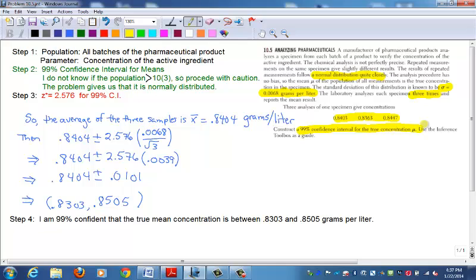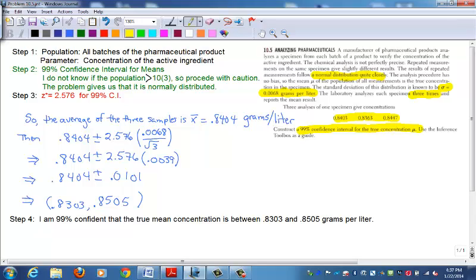But if we look at it, the population is kind of vague in this particular one. It's all batches of the pharmaceutical product that the manufacturer manufactures. So there's a number of ways that we can phrase this. The parameter that we're looking at here is the concentration of the active ingredient, and you get that from the first line.